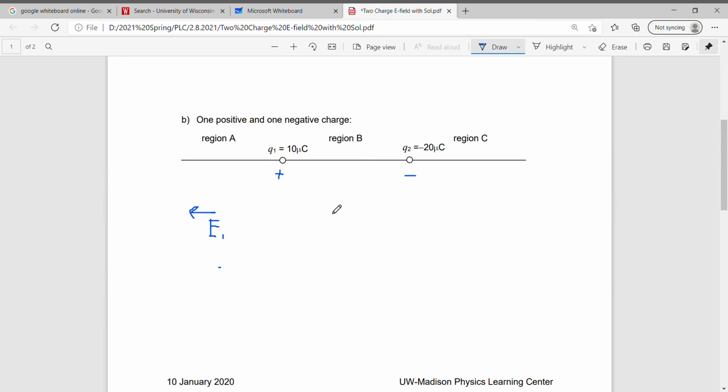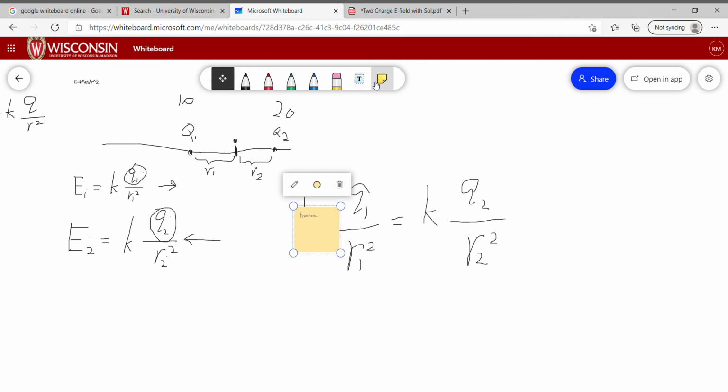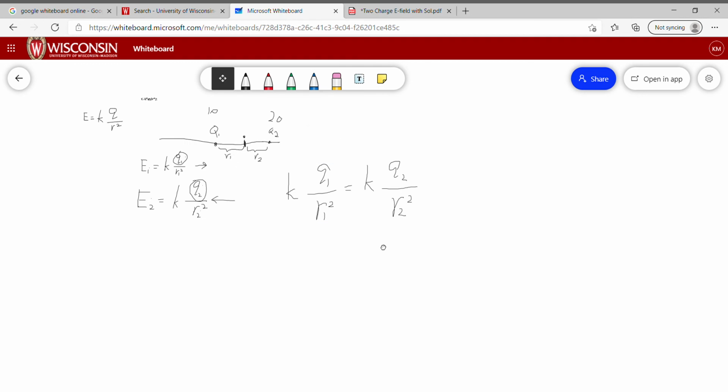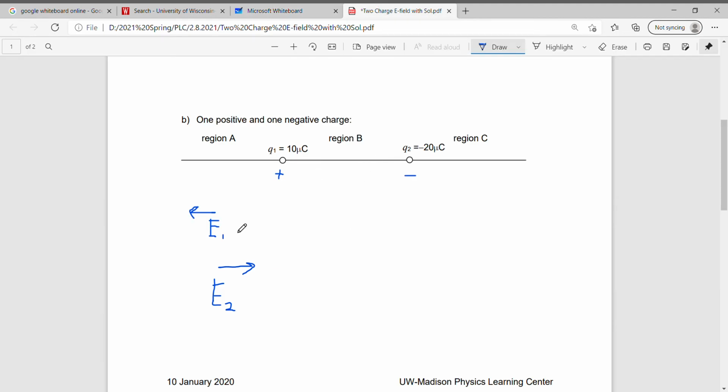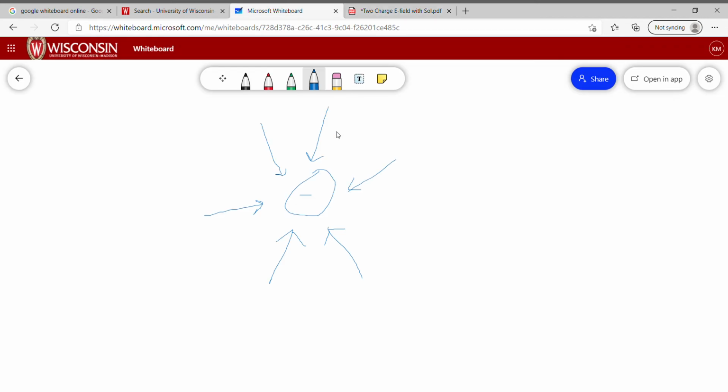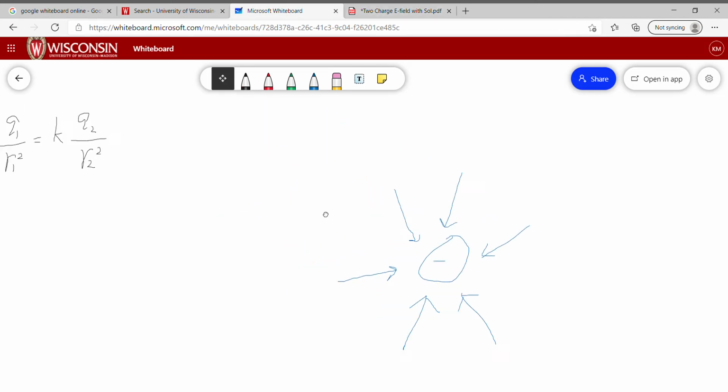However, E2, because it's a negative charge here, will be pointing to the right, because the electric field of a negative point charge points like this. Now let's ask ourselves, can we have this relationship again?